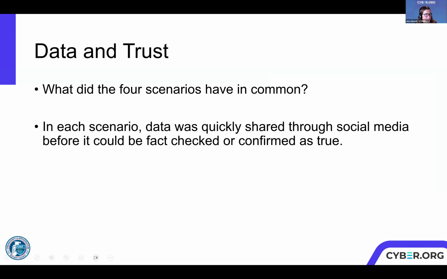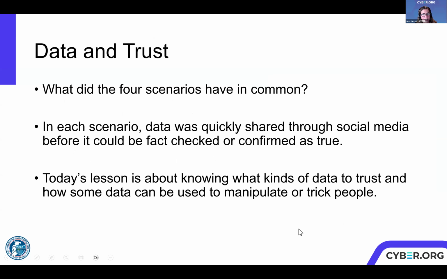That data was quickly shared in each one through social media before it was fact-checked or confirmed. And then telling the students that the lesson is going to talk about what data we can trust and how can we look at data more, or look at information online more critically.